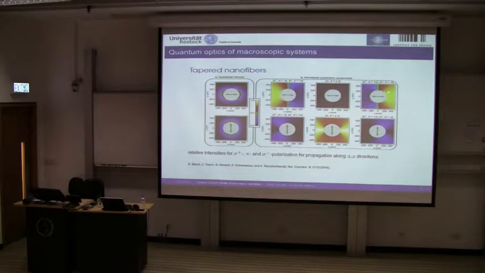Here's the opposite polarization or the opposite propagation direction, and here's the pi, that is the linearly polarized light, where you see there's actually no linear component outside the fiber.